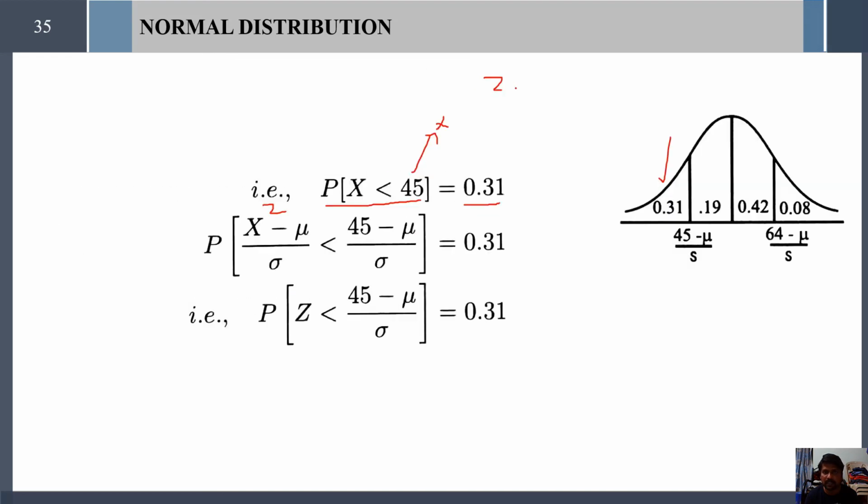What is the standard normal variate? Z equal to (x minus mu) divided by sigma. So simply substitute x equal to 45 here.